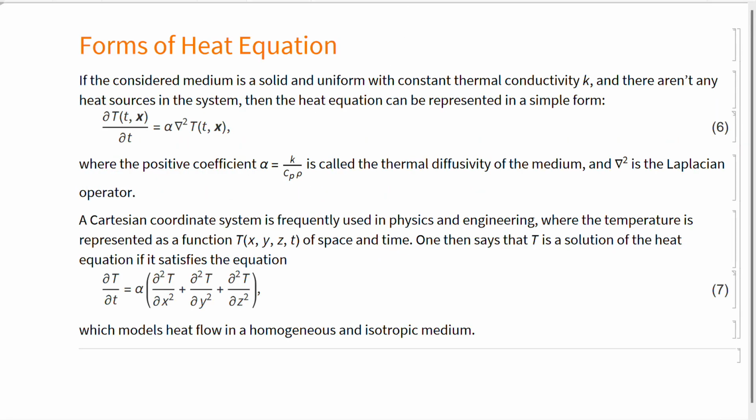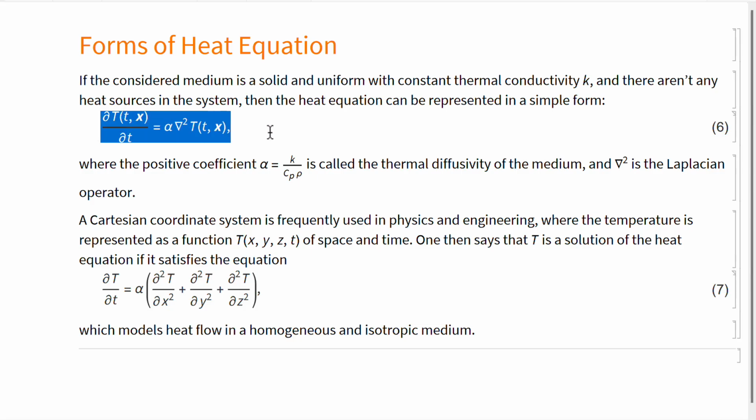If the considered medium is a solid and uniform with constant thermal conductivity k, and there aren't any heat sources in the system, then the heat equation can be represented in the following simpler form, where the positive coefficient alpha is called the thermal diffusivity of the medium, and nabla squared is the Laplacian operator.